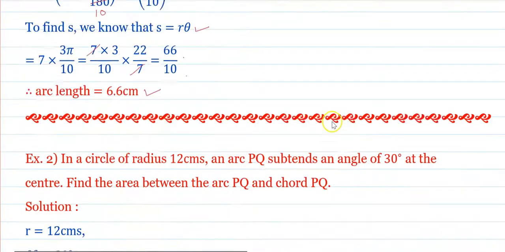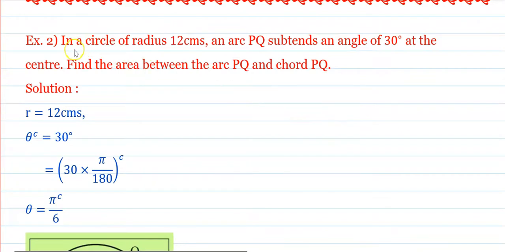Now the next. In a circle of radius 12 centimeter, an arc PQ subtends an angle of 30 degree at the center. Find the area between the arc PQ and chord PQ.